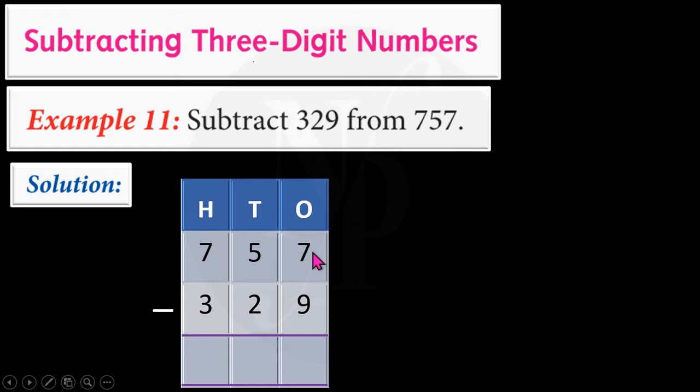Therefore, 10 ones and 7 ones together becomes 17 ones. So, we make this 7 as 17 ones by regrouping.